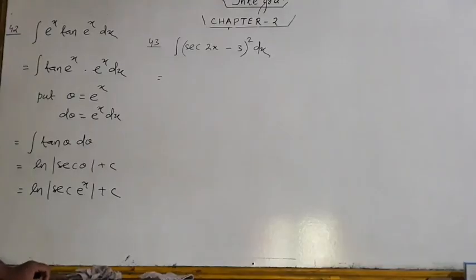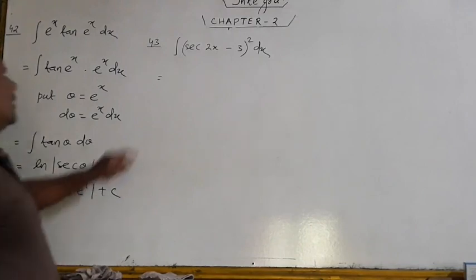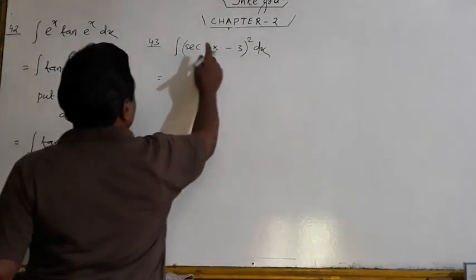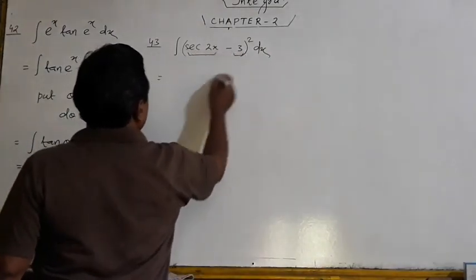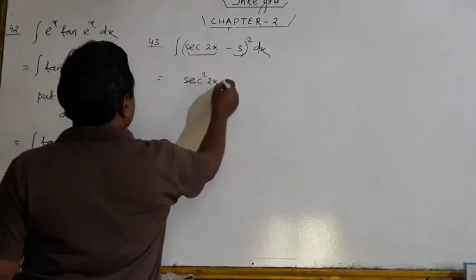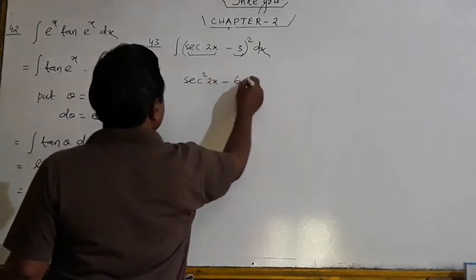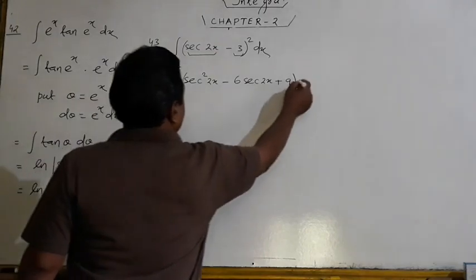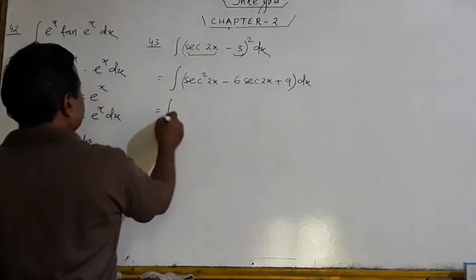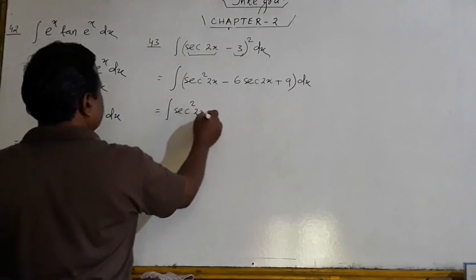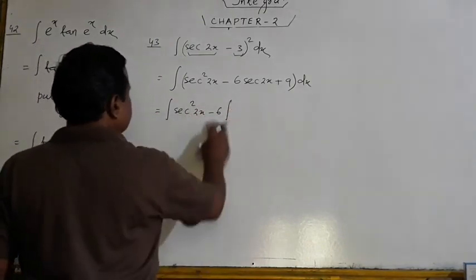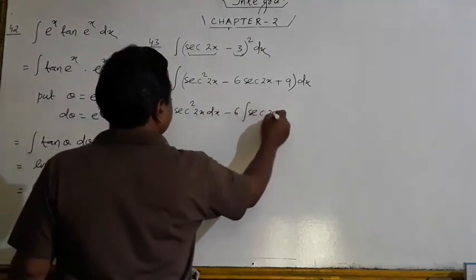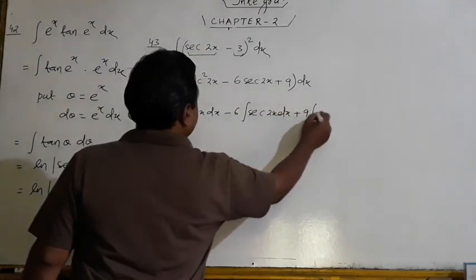Okay? Now 43, it is (sec 2x minus 3) whole square. Sec 2x is one term, 3 is another, so this is (a minus b) whole square, which is a² minus 2ab plus b². The result is the integration of sec² 2x dx minus 6 sec 2x dx plus 9 dx.